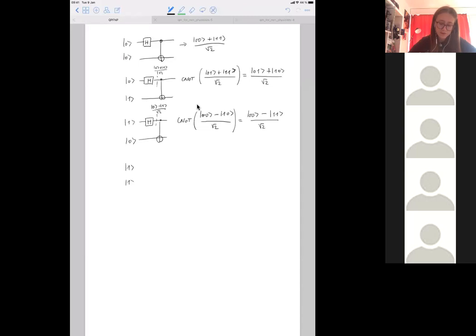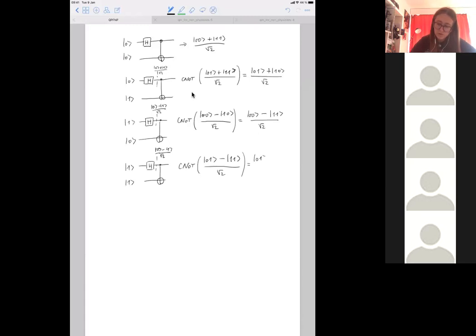And finally, if we have these two qubits starting in the state 1, then we apply a C-not to 0, 1 minus 1, 1 over square root of 2.